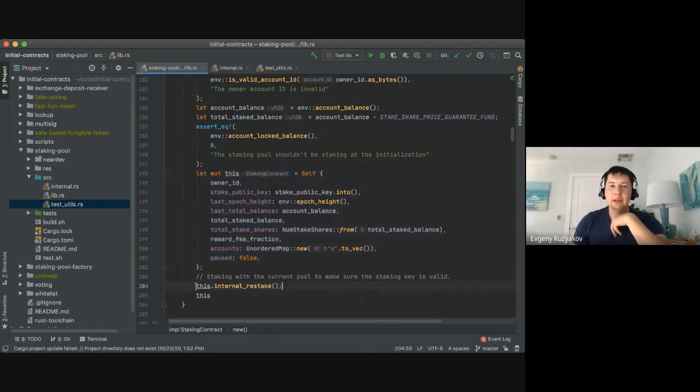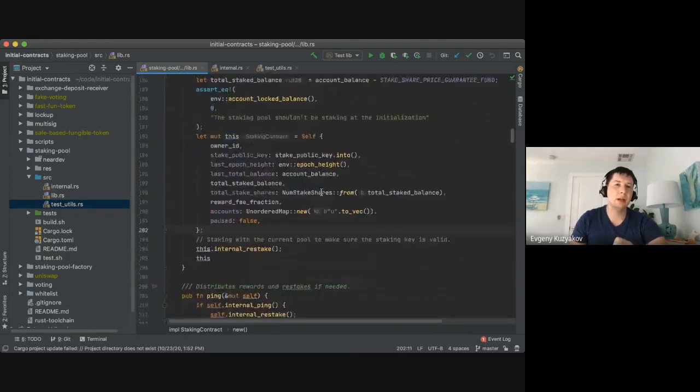and then we issue a restaking transaction. This is important because we want to make sure that the staking key that was provided is a valid Ristretto ED25519 key.